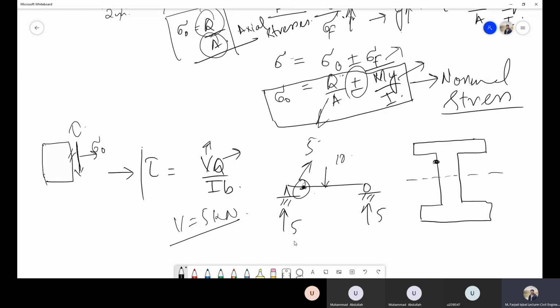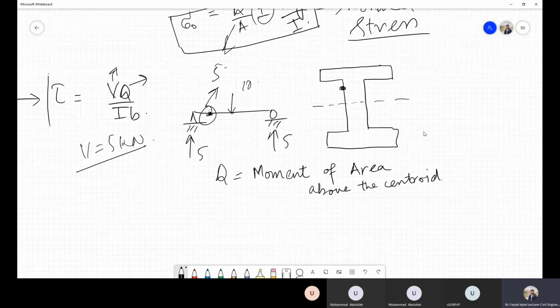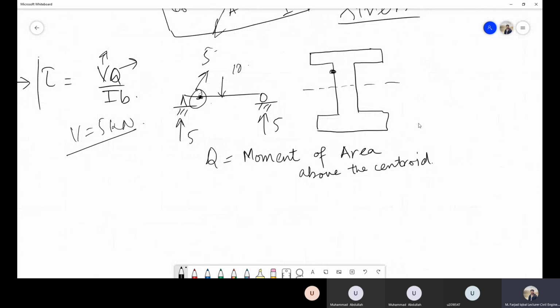And then I have to figure out Q. Now Q is a very important thing. Q is basically the moment of area above the centroid.